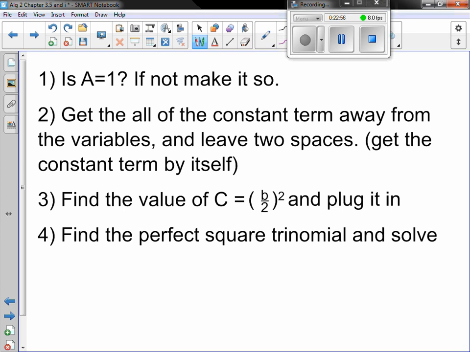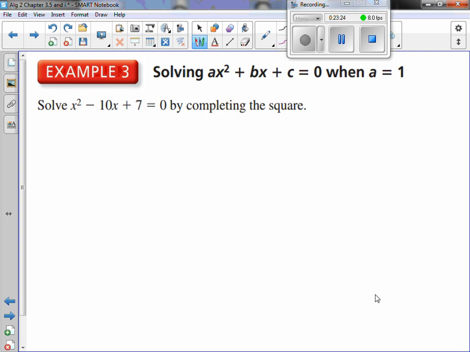And when it comes to test time, if you want to write these steps on the review sheet, go for it, because it might be good to have them. Okay. What we're going to do is use these steps to solve this quadratic by completing the square.